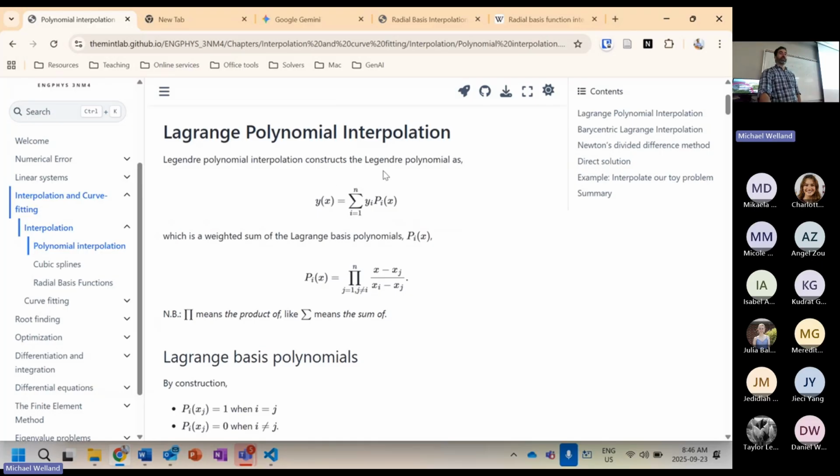Legendre polynomial interpolation constructs the polynomial as, the algebra here is a little bit tricky, okay? What we're going to do is say that your overall function y is going to be the weighted sum of your data points that you're given, your yi, and this p function.